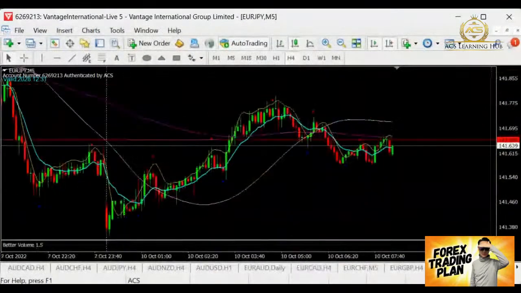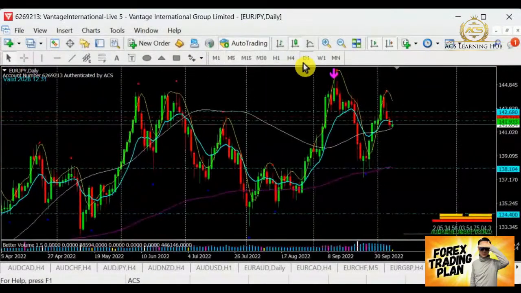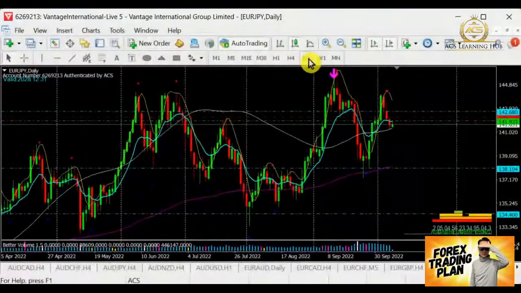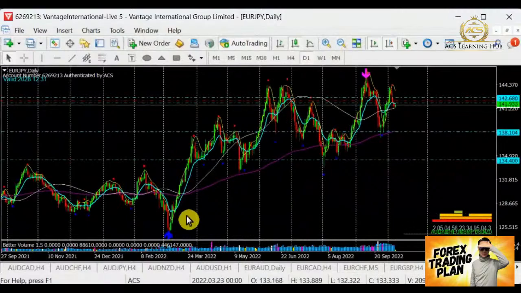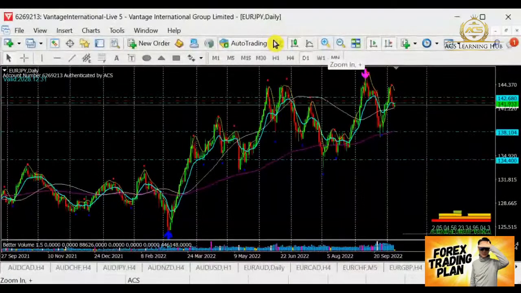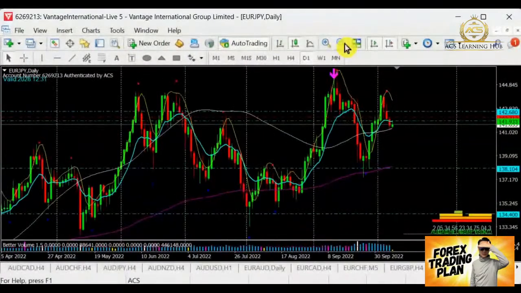All right, so let's go into Euro Yen. Will there be a good chance for selling today? By looking at this, the whole of this Euro Yen is still on the bull. In this bull, do we have a chance to sell like last week?